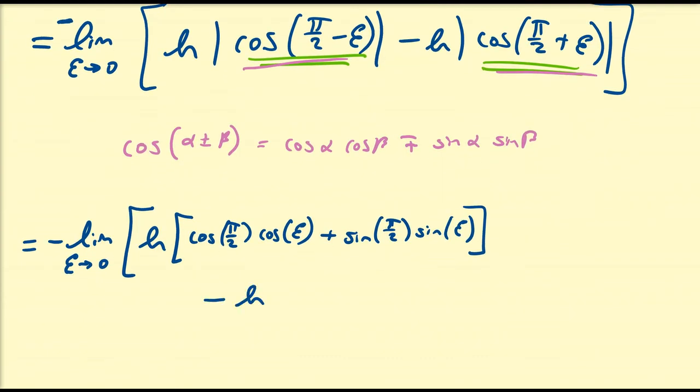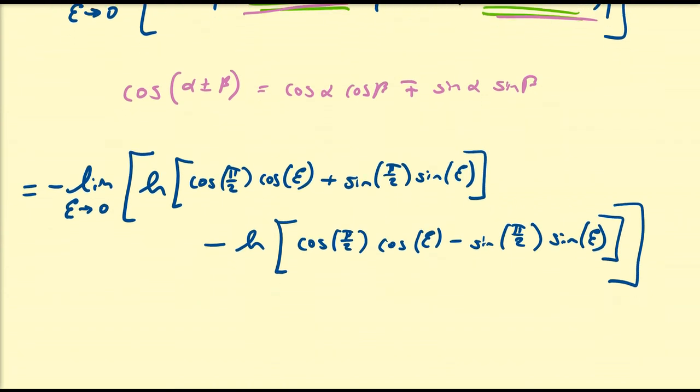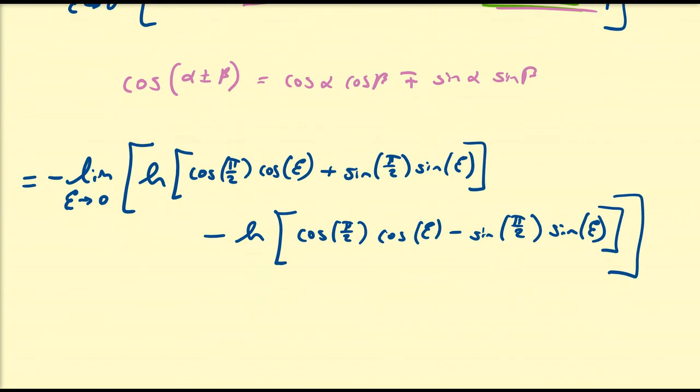Minus the natural log of, so we're going to do the sum identity now, the cosine of pi over 2 cosine epsilon, change the sign to minus sine pi over 2 sine epsilon. Wonderful.